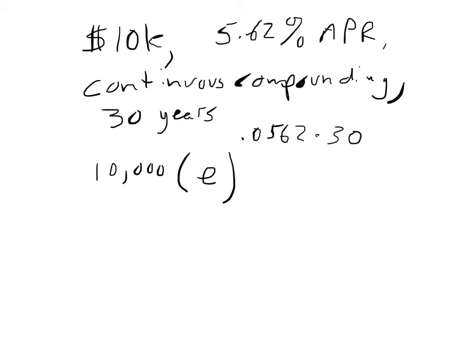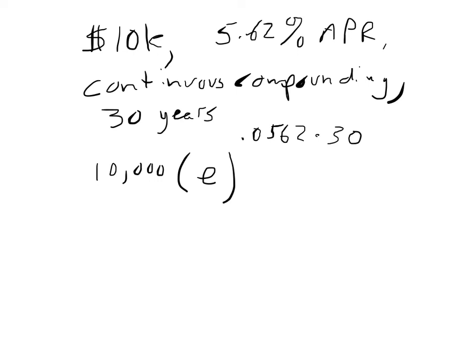So I then can go ahead and take my calculator. What I would do in the calculator is find e to the 0.0562 times 30. So I'm going to use my second natural log function, which gives me e to the x, and that is 0.0562 times 30, close parentheses. And then I'm going to multiply that by 10,000.